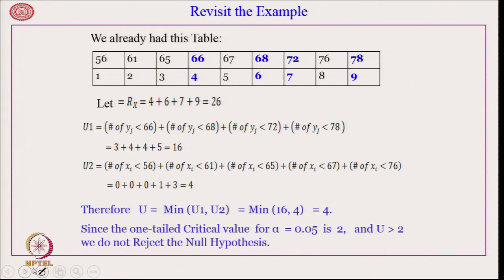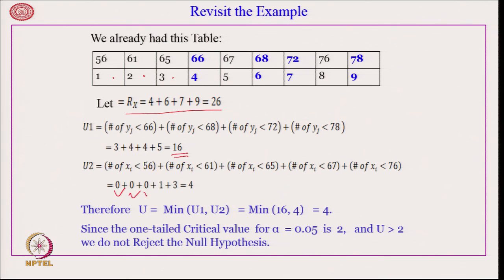So, let us revisit the example. We have this sorted value. We have already calculated R x is equal to 26. U1 is how many y's are less than x. This we have also computed to be 16. I am not repeating that, but in a similar way U2 is going to be 0 for this, because no x is smaller than this y, 0 for this, 0 for this.